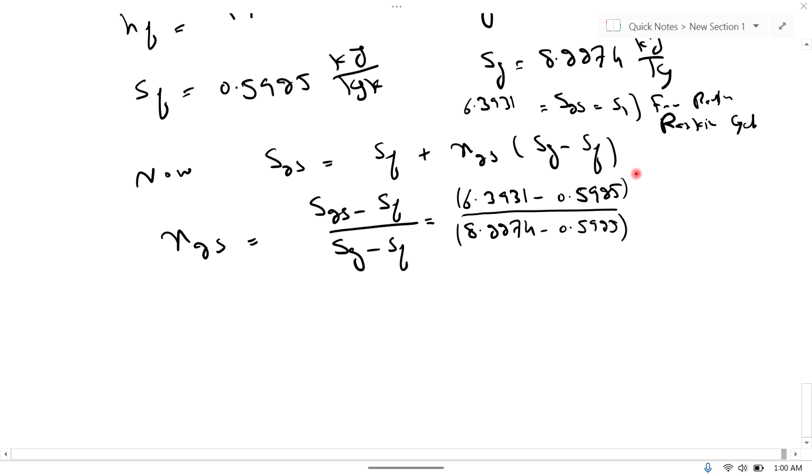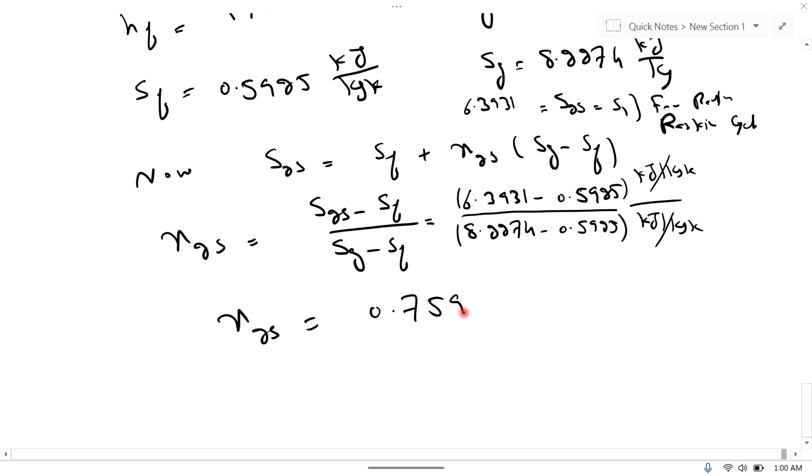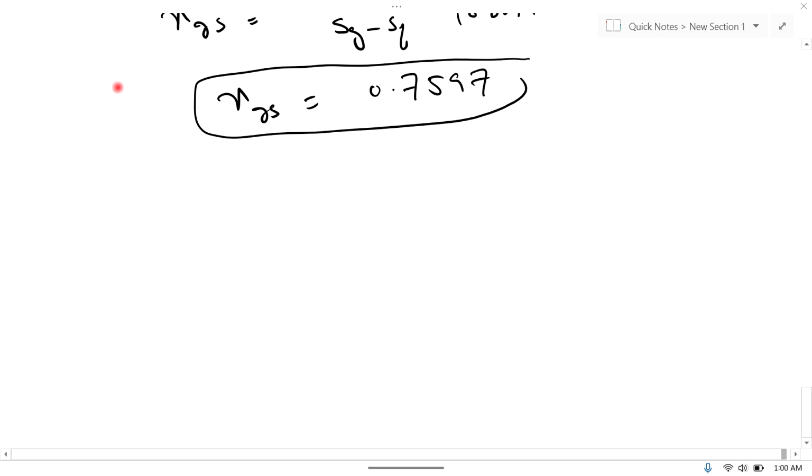And the units are the same, so they will be cancelled. Simplify this and find X2S, which is equal to 0.7597.